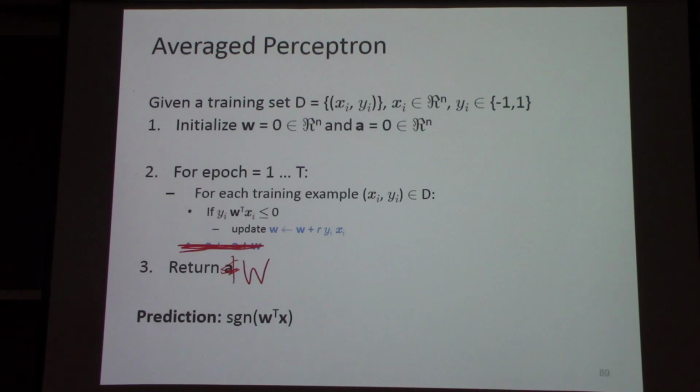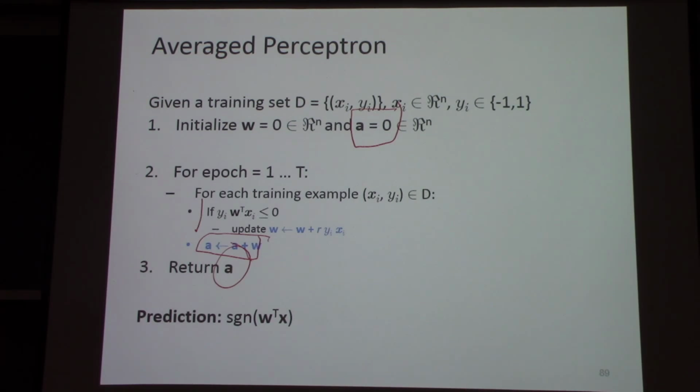You run multiple epochs over the data, and you keep updating the weight vector. The averaged perceptron simply says, whether or not you update the weight vector, you add it to the running average. You initialize the average to 0, you add the weight vector to this running average, and at the end you don't return W, you return A.